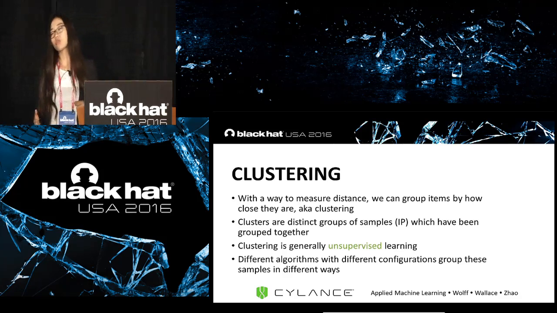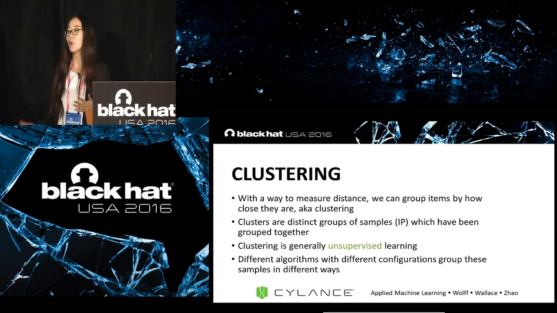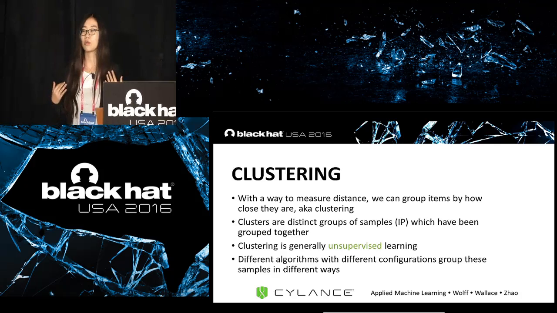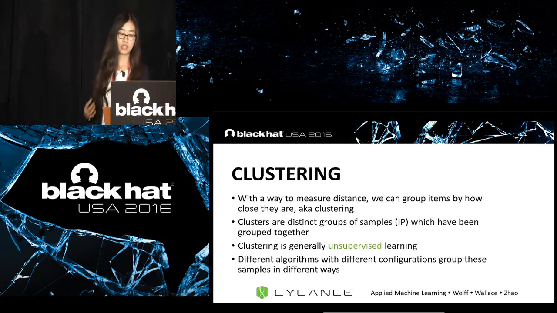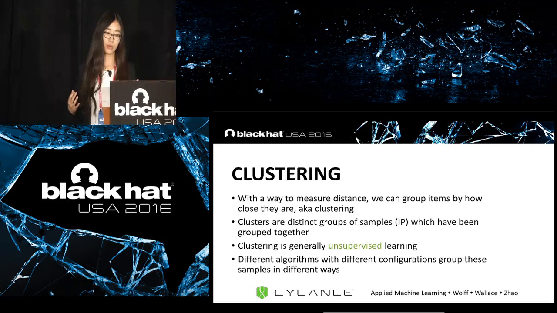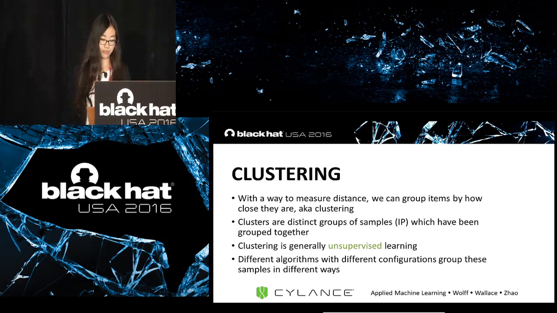Clustering is an unsupervised learning problem, as Matt just mentioned. For unsupervised learning, we don't need the label information. We don't need to know what a sample is, or whether it's malicious or a Botnet panel or something. We just need to focus on the data itself.